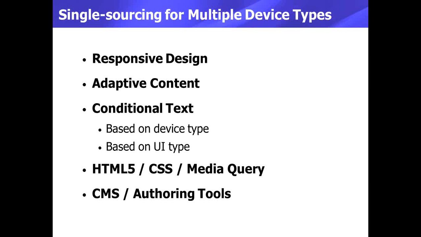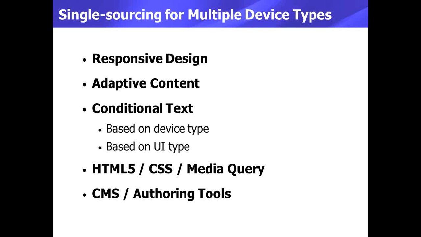I give a whole talk just on this area, but just briefly, for me, there's two parts to it. One is responsive design, which is adjusting the presentation to be appropriate for a particular device. Adaptive content is where I'm looking at different information types for different interaction types in different devices, and recognizing that a mobile user may want information that's different or expressed differently than somebody that's sitting at their desk.